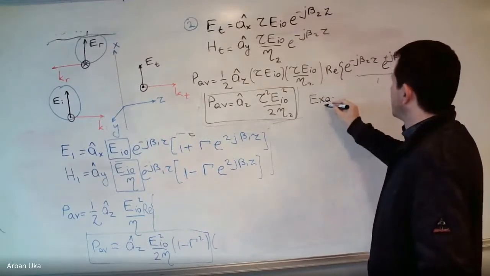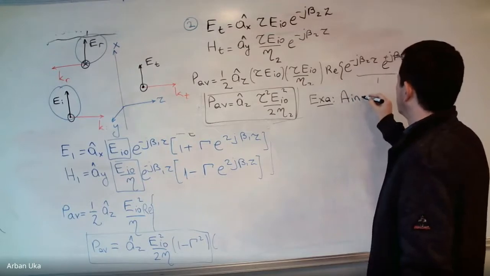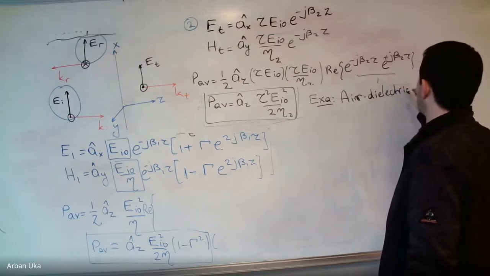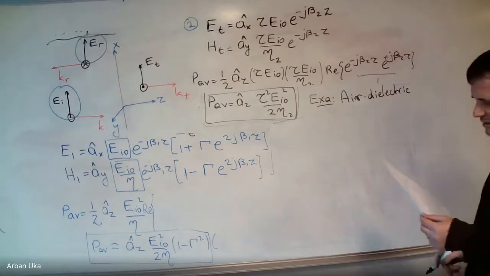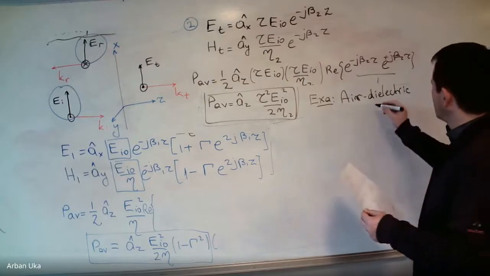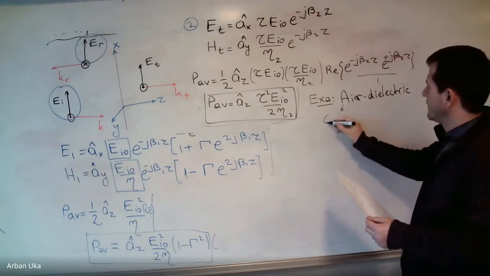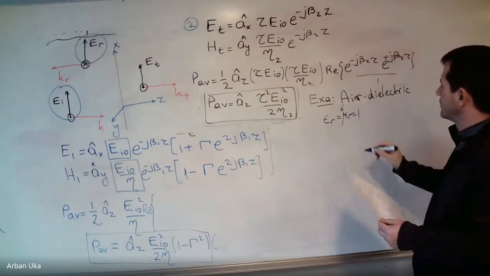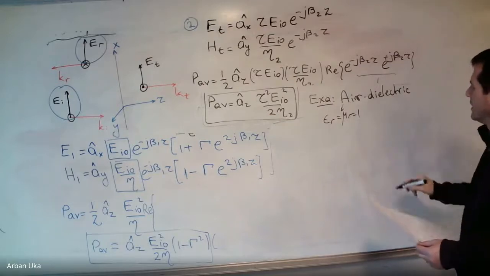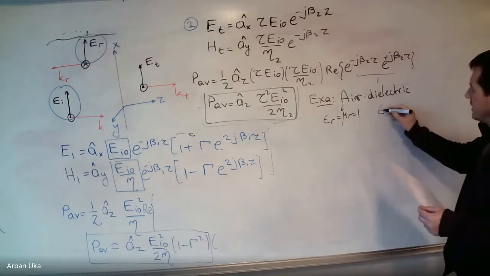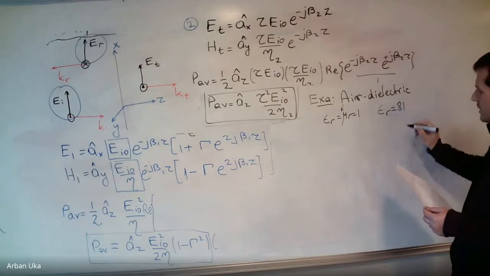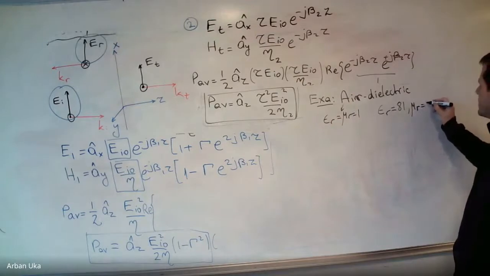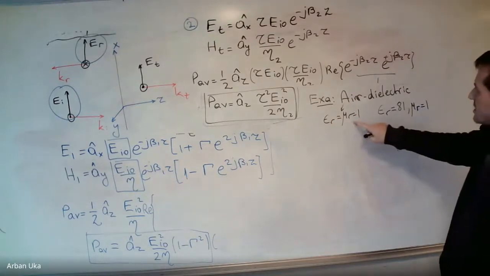Let's consider that we have an air-dielectric interface. In this interface, we know what air is: air has epsilon r equal to mu r equal to 1, okay? And for the dielectric, we have epsilon r equal to 81, and mu r, since it is a dielectric, is equal to 1, which means that this is non-magnetic.